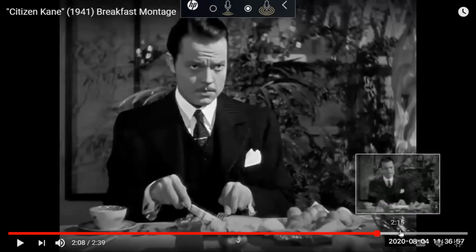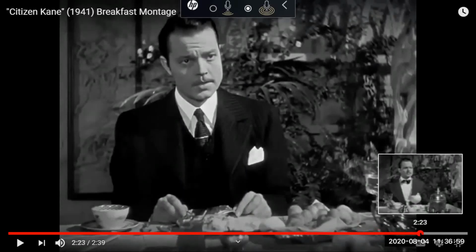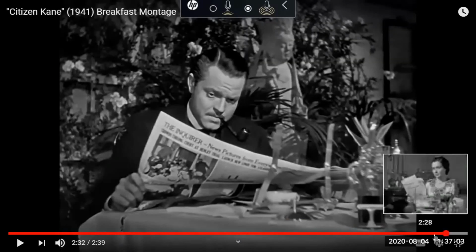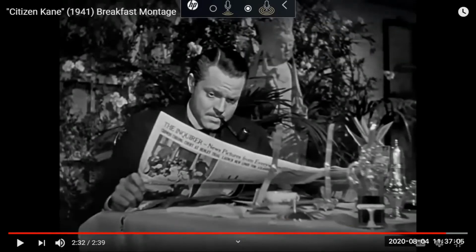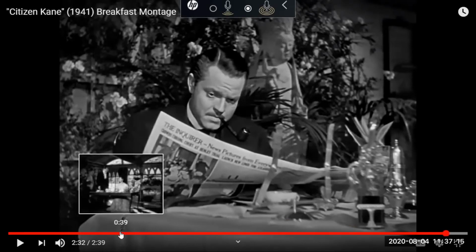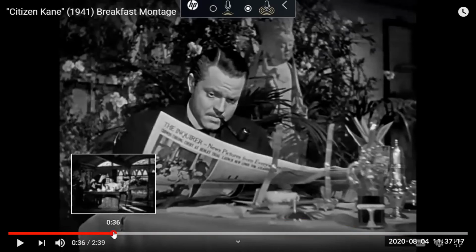But it is the same dining table all the way through. You can also see how their relationship is changing, how they were talking at the start of the scene, and how they are treating each other towards the end of the scene.